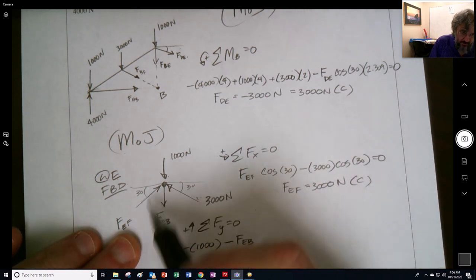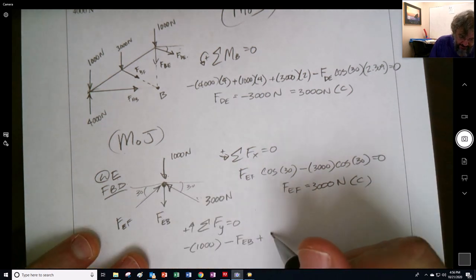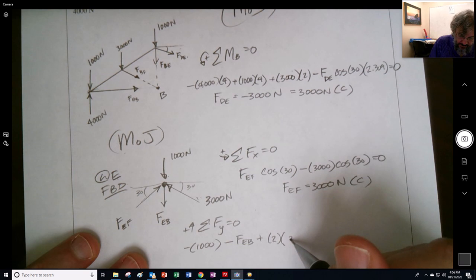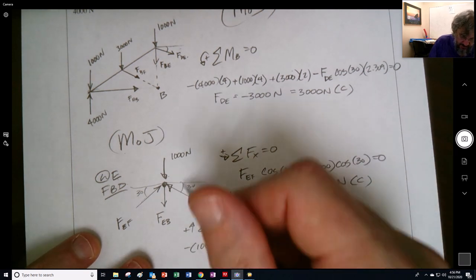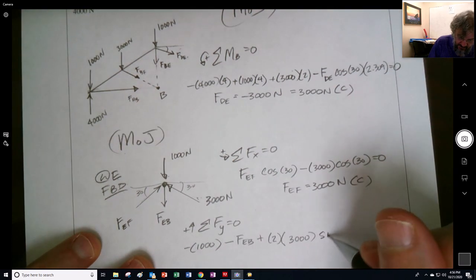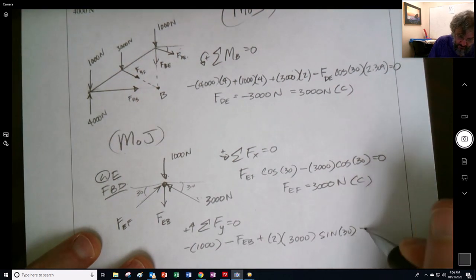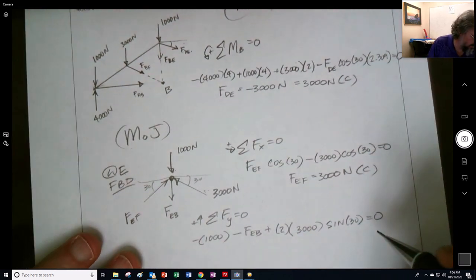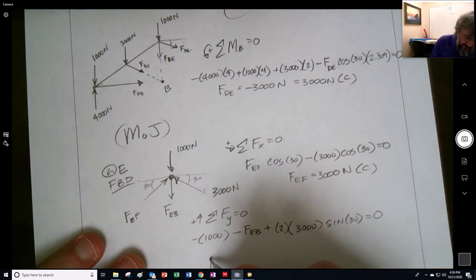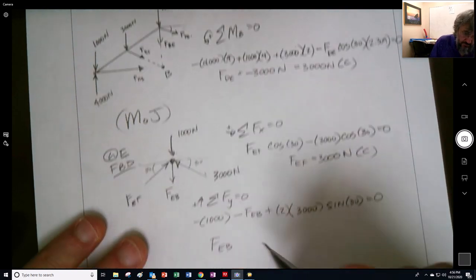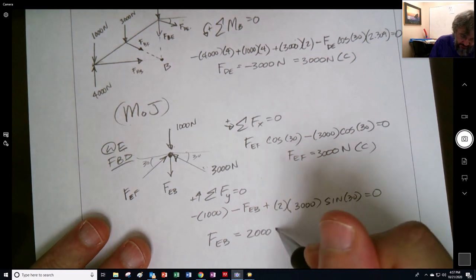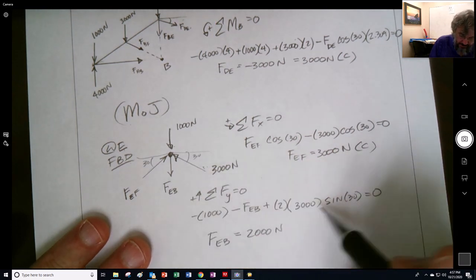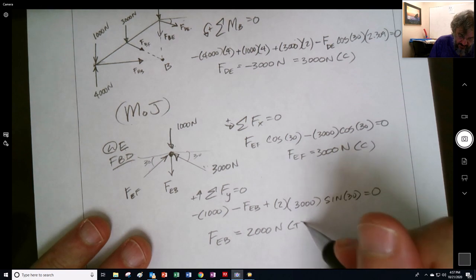Then these are both going in the upwards direction, and there's two of them, identical, so why write it twice? Just say 2 times 3,000 times the sine of 30 degrees. If I do that, what I end up finding is FEB equal to 2,000 newtons. It came out positive, so my guess was correct.